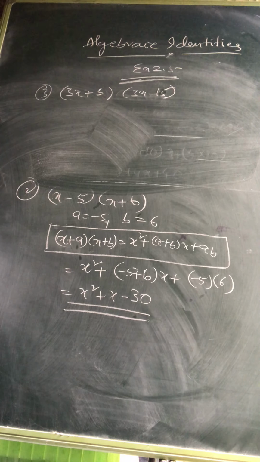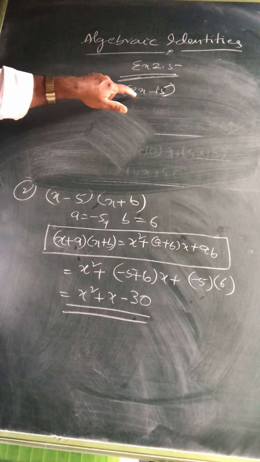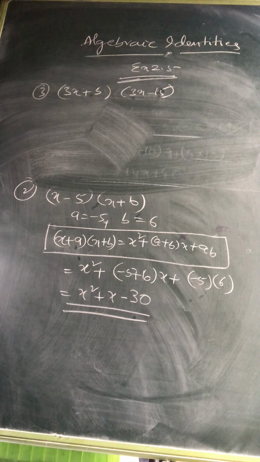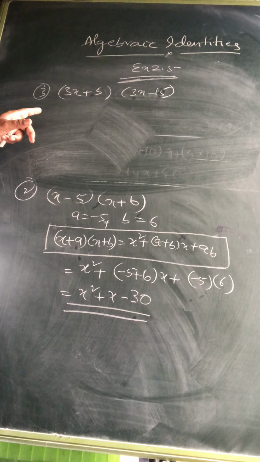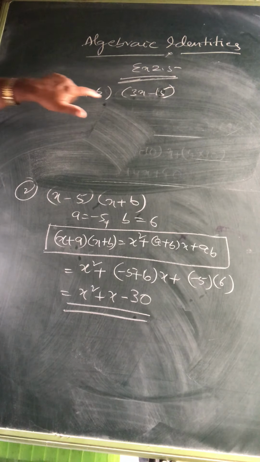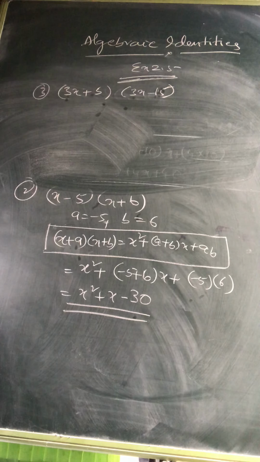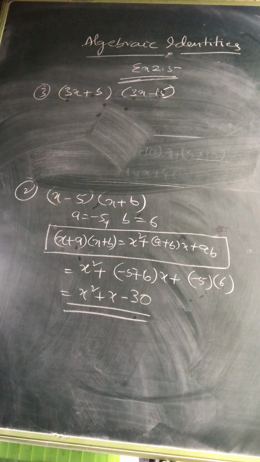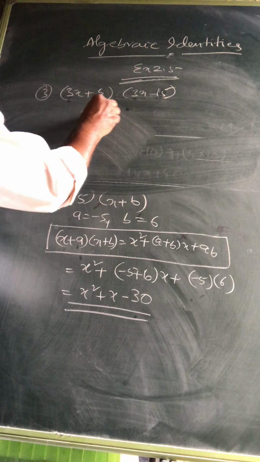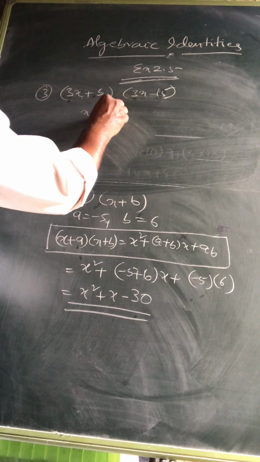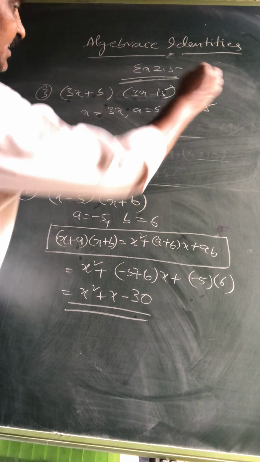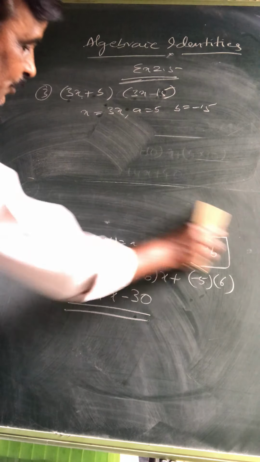So it is also in the form of (x + a)(x + b). How can you imagine that the given problem fits the formula? See that the first terms are the same, 3x and 3x, only the second terms are different. That is why we use the identity given here. In place of x we take 3x, a is 5 and b is −15. Now you can find the product.